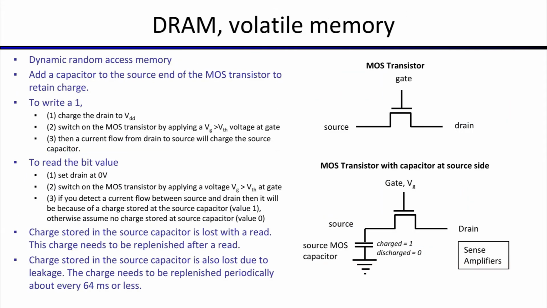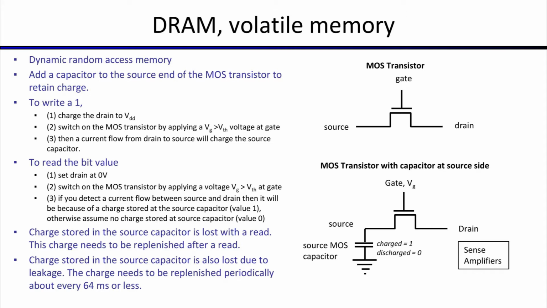DRAM is dynamic random access memory, and it uses the MOSFET transistor as its basic transistor. But there is no charge being stored, and at the end of the day, you want memory to retain a value. The way retention of value is done is by adding a capacitor at the end of the source.